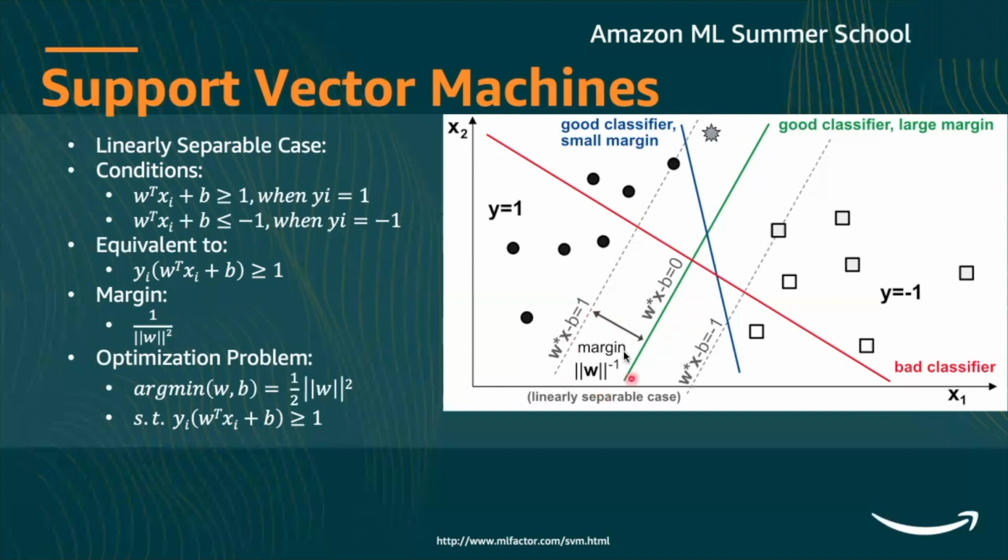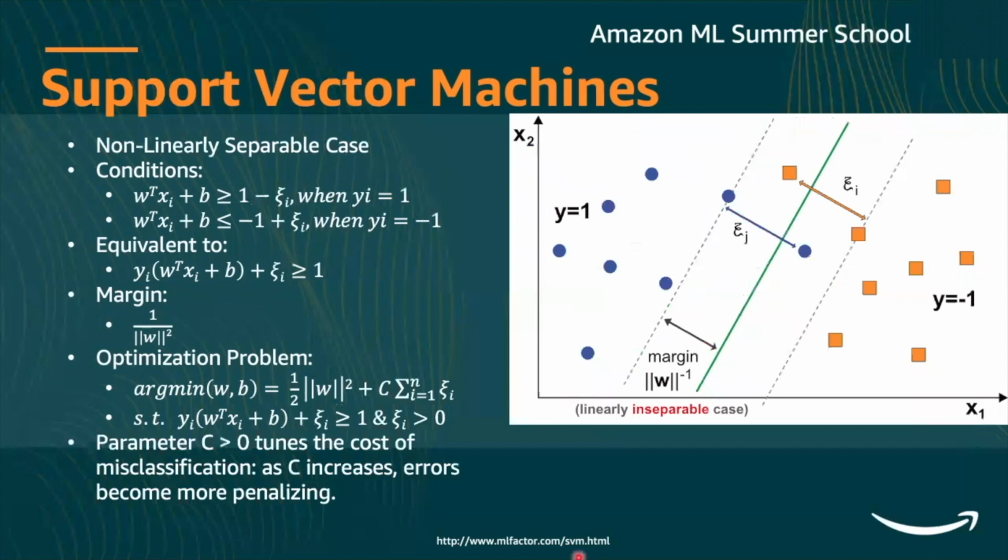Maximizing this is equivalent to minimizing the opposite, which is minimizing half norm w square, under the constraint that the samples of class 1 should be above this and the samples of class -1 should be below this. Once you solve this problem, you get w transpose xi plus b equal to 0 as the SVM model.